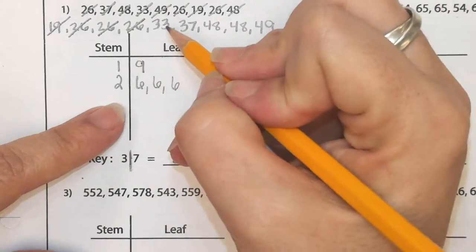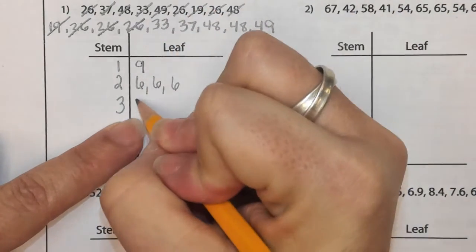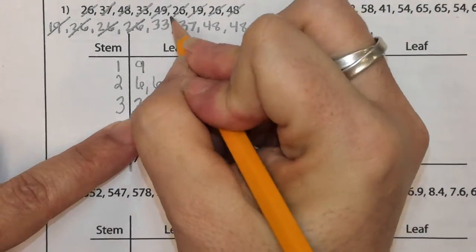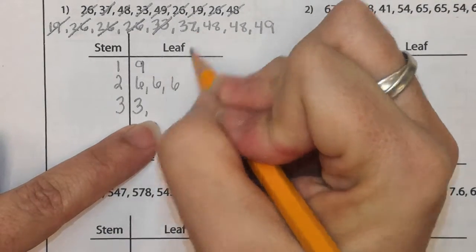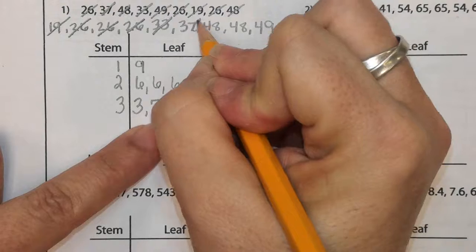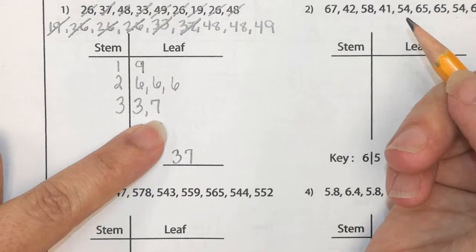Okay, now I'm on 30s. I need a stem of a 3 and a leaf of a 3 to make 33. There's a 37, so I need that 7 as a leaf for 37. Okay, are there any 40s?